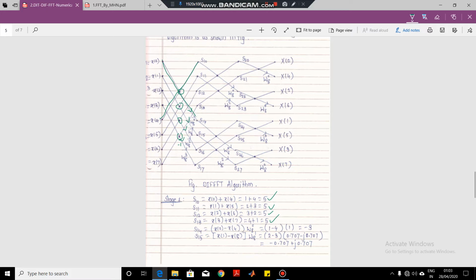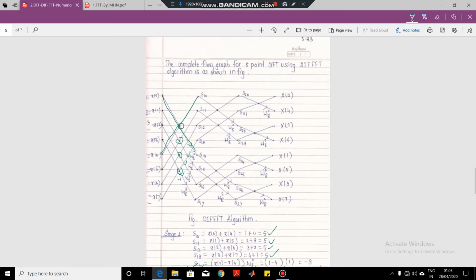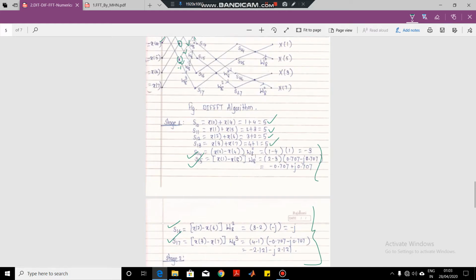Similarly, x of 1 minus x of 5 into twiddle factor, x of 2 minus x of 6 into twiddle factor, x of 3 minus x of 7 into twiddle factor. Each time we first take the difference and then multiply with the corresponding twiddle factor. The twiddle factors are W80, W81, W82 and W83. Once you multiply with all these twiddle factors, you will get these outputs. These are my outputs of the first stage.